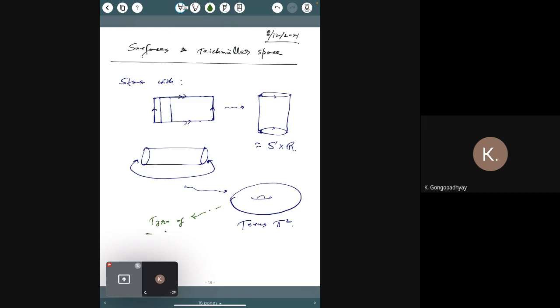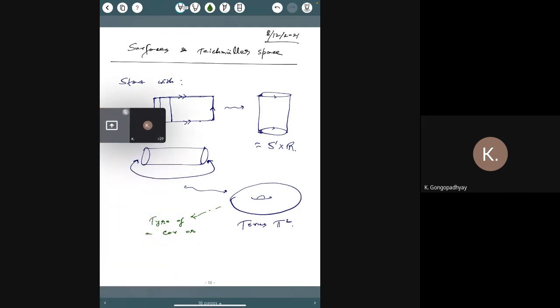of a car, or, those who are, I mean, now we are in an open world, right? So if you happen to stay in a metro city or moderate city, these days there is a thing which is very popular among children. It's called donut. Okay, so this is a donut shaped surface.